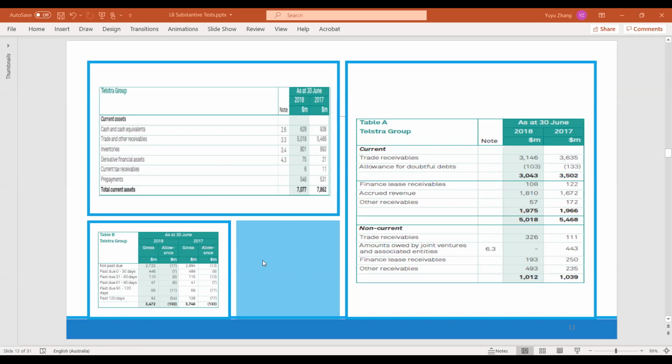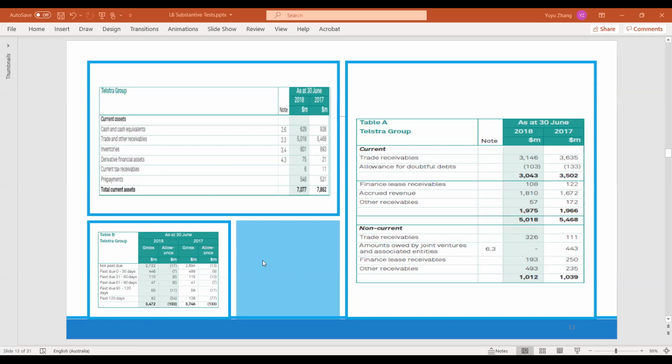It seems to look at the gross accounts receivable and also the provision for doubtful debts. They seem to be relatively in alignment, like 2017 to 2018, your gross receivables and then the allowance.